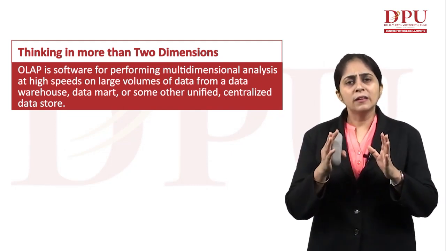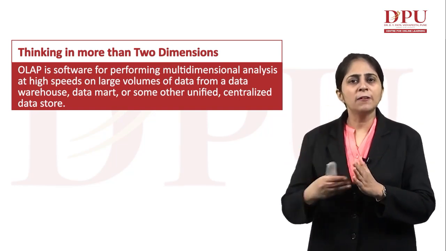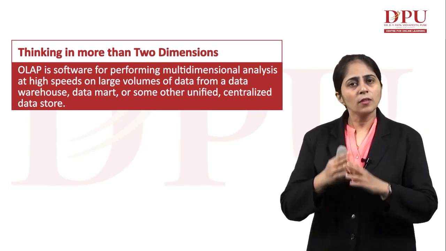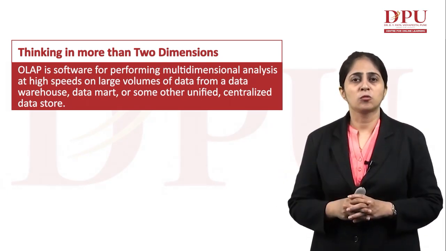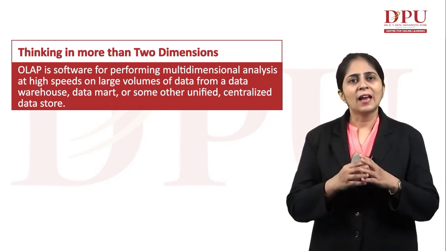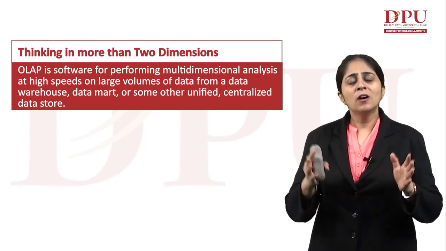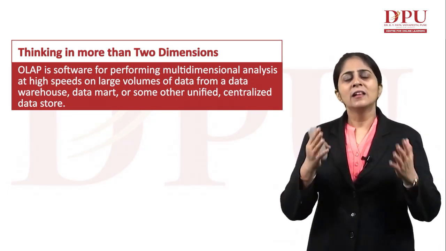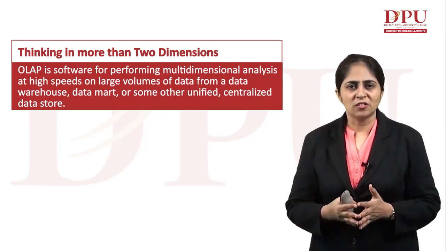OLAP is used to understand the data from different dimensions. In a particular data warehouse where we have all the data stored, we need to analyze that data on the basis of different dimensions. So OLAP is all about thinking about data in more than two dimensions.